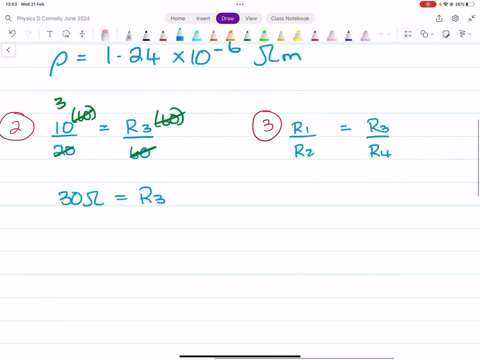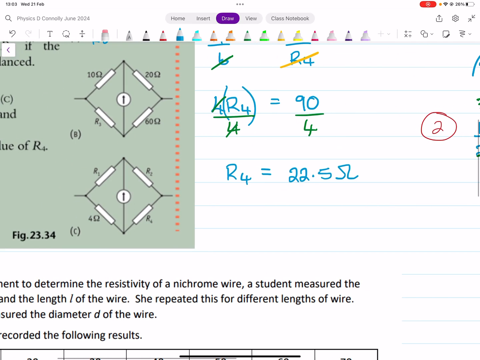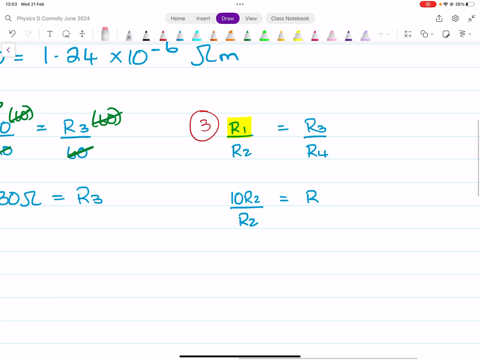So if I replace R1 with 10 R2 over R2 equals R3 over R4. Do I know R3? I do. R3 is 4. So that's 4 over R4. Now, these ones will cancel because they're both R2.